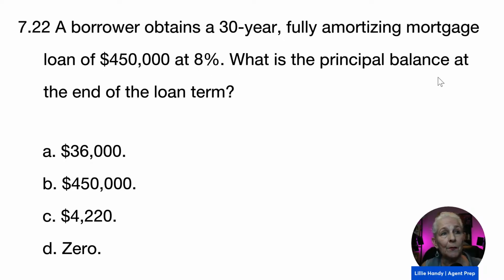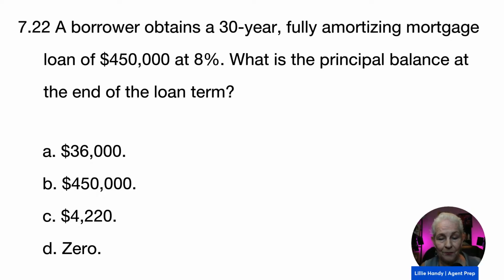What is the principal balance at the end of the loan term? That means at the end of the 30 years, what is the balance of the principal? Anyone? The answer here is D.